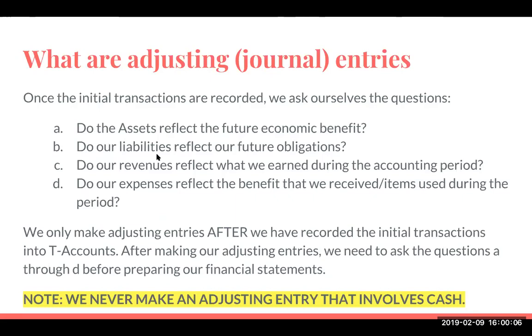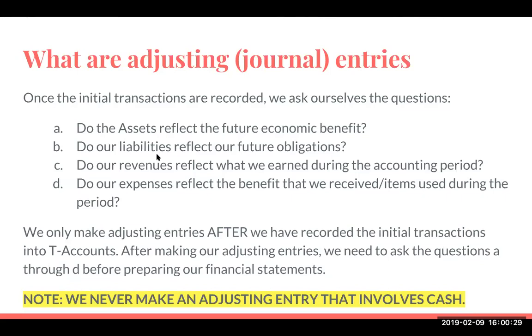If I have a loan receivable, does my borrower owe me interest? If I have property, plant, and equipment, mainly equipment, have I begun using that equipment? And so I need to show the use of that equipment via depreciation expense. So again, do our assets reflect the future economic benefit?